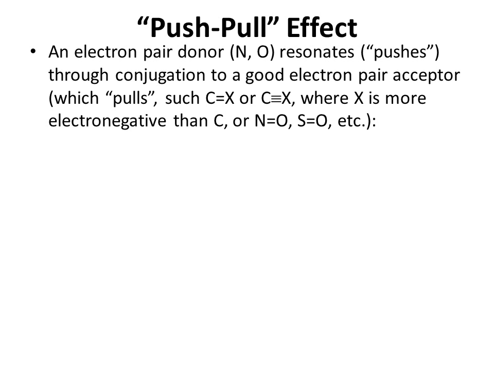Now, in the case of N versus O as electron pair pushing agents, N would be better than O because N is less electronegative than O.